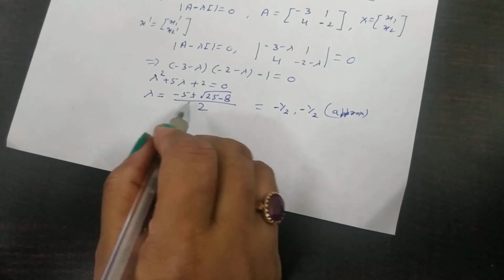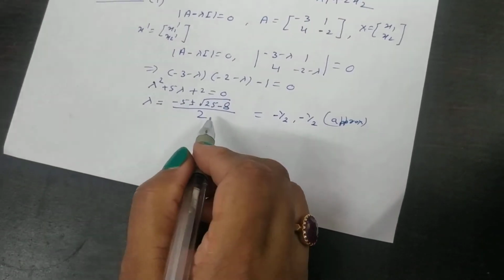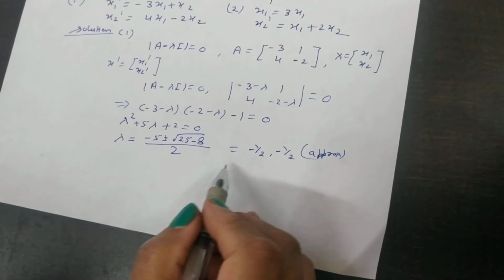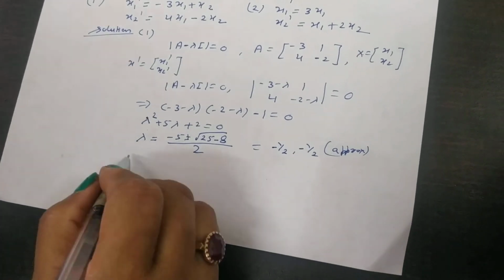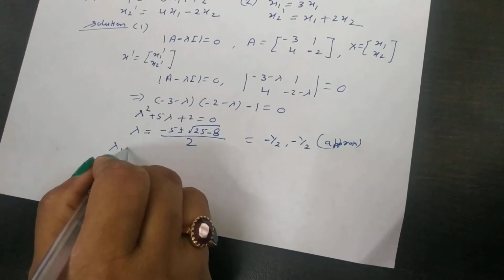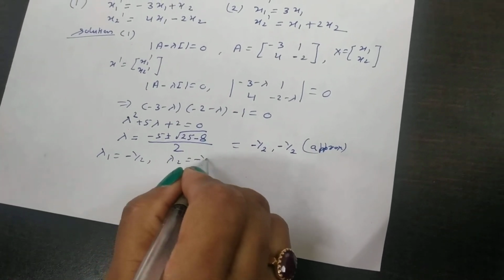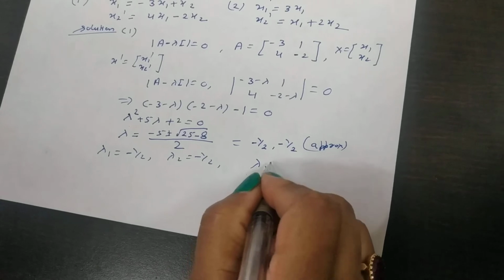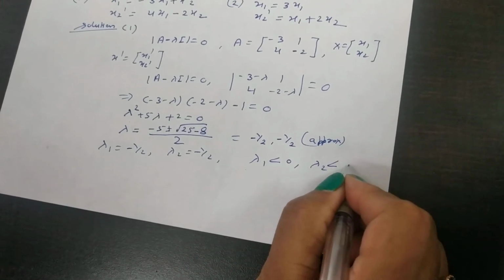Lambda 1 is minus half and lambda 2 is minus half, so all the roots are less than 0: lambda 1 is less than 0, lambda 2 is again less than 0.